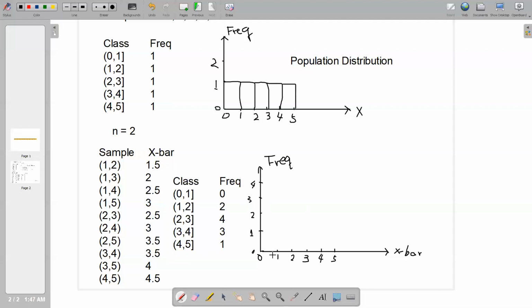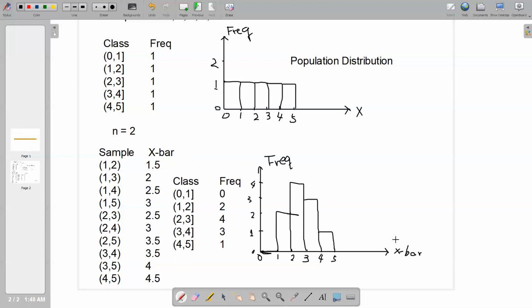So we're going to draw bars for class 0 to 1. The bar height is 0, right? The frequency is 0. It's a baseline. Between 1 and 2, we're going to draw a bar with height of 2. And between 2 and 3, a bar with height of 4. And between 3 and 4, a bar with height of 3. And between 4 and 5, a bar with height of 1.